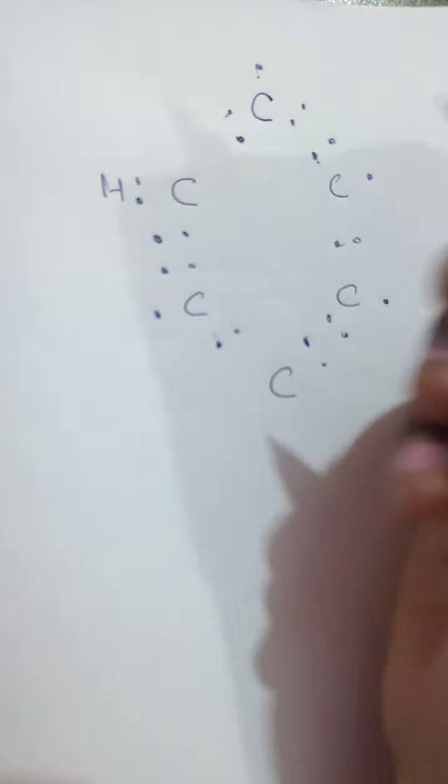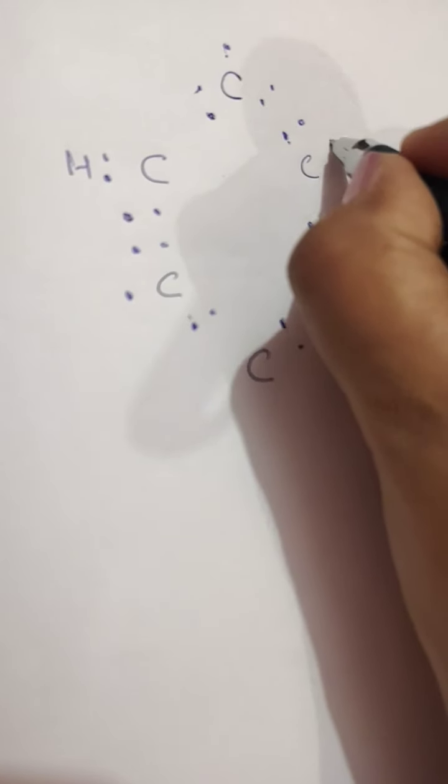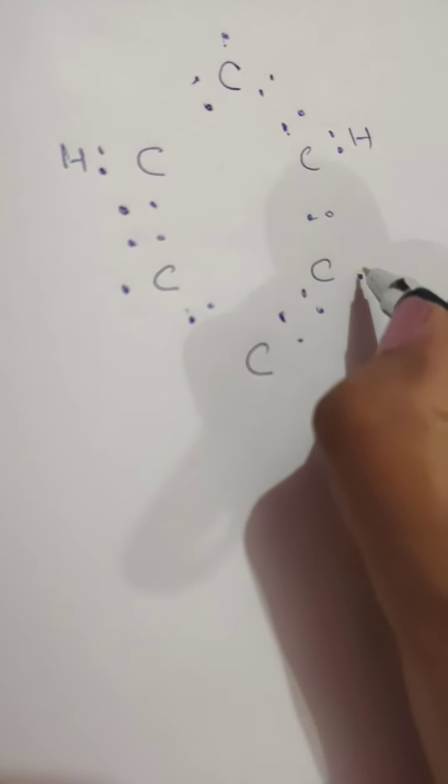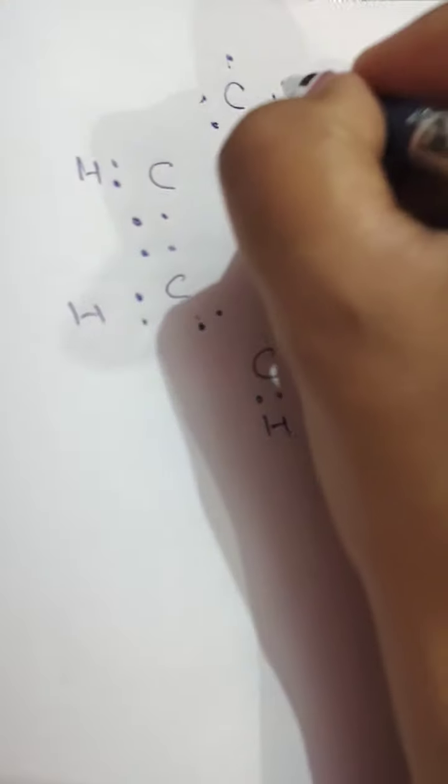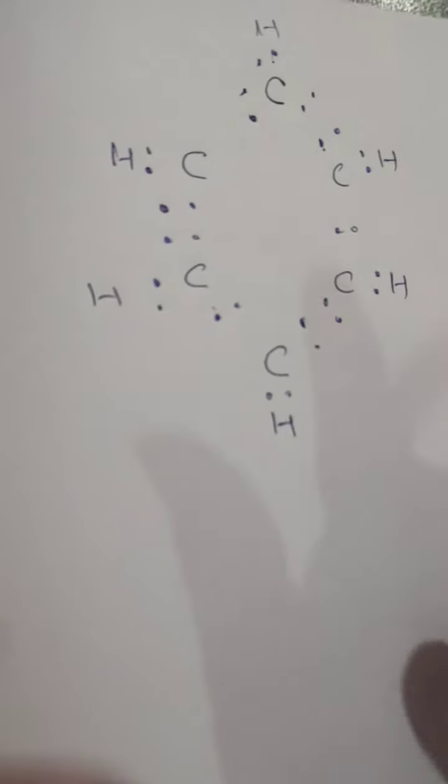Since hydrogen will also have 1 electron, this hydrogen will have 1 electron here and 1 here. If you see here, 1 electron is of hydrogen and 1 is of carbon.